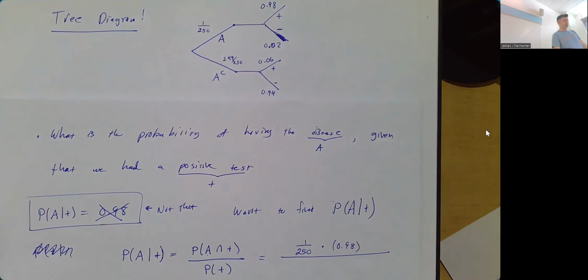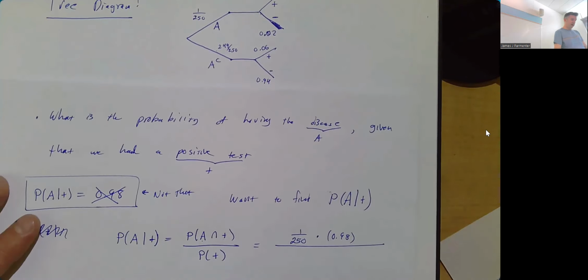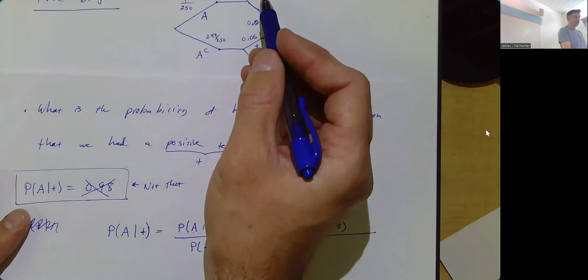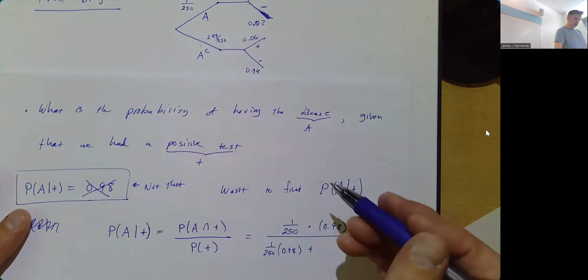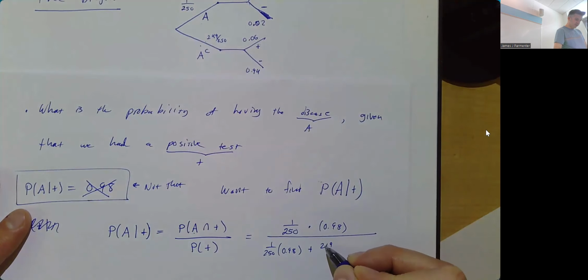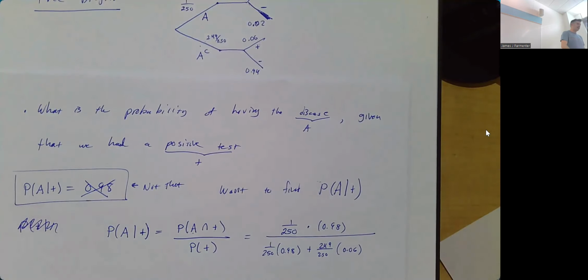How many ways are there of having a positive test? Well, we actually just answered that question, but there's two paths, and the paths are going to be that branch times that branch, 1 out of 250 times 0.98, plus that branch times that branch, 249 out of 250 times 0.06.